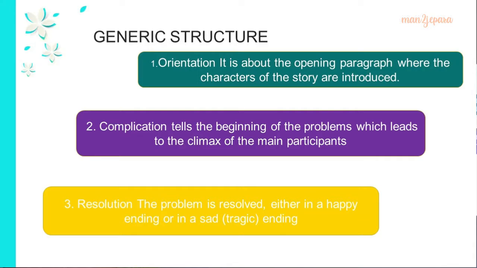The second, we have complication. Complication tells the beginning of the problems which lead to the climax of the main participant. Dalam complication membahas tentang awalan masalah yang menuju ke klimaks atau puncak dari permasalahan.